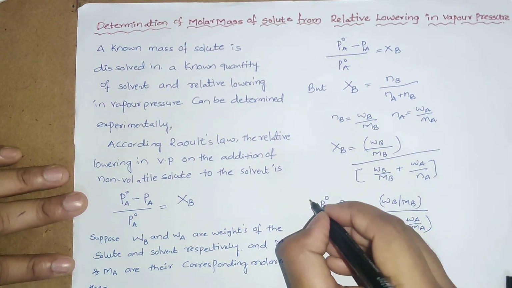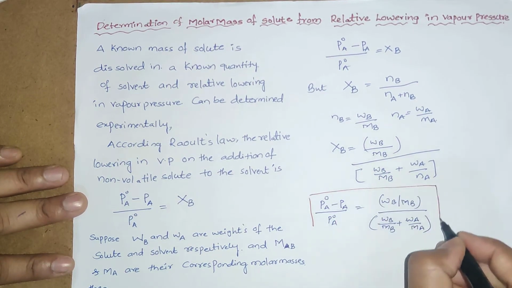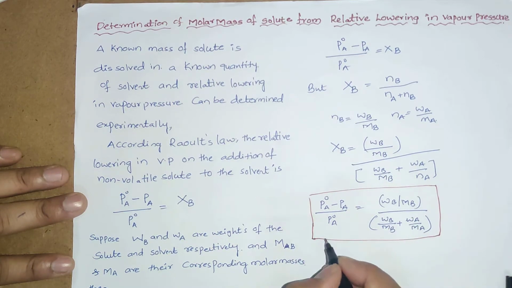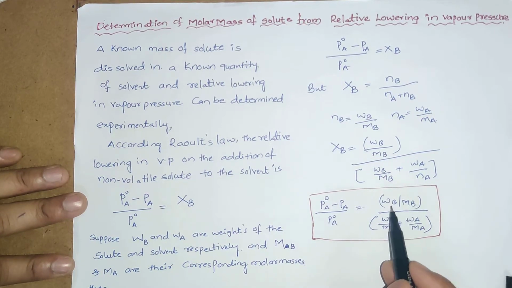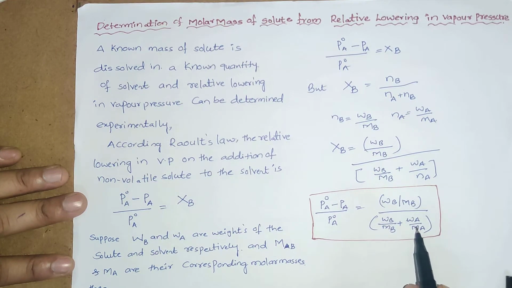By substituting all the values, we know (P naught A minus PA) by P naught A, the relative lowering of vapor pressure, we get experimentally. We know how much solute is dissolved and how much solvent. For the solvent, we know its molar mass MA. Suppose we are dissolving in water, MA is equal to 18.